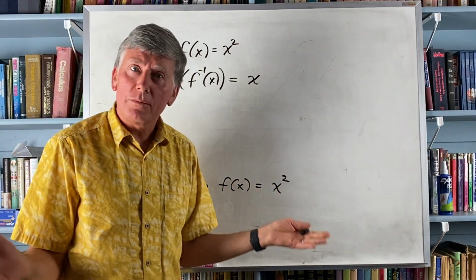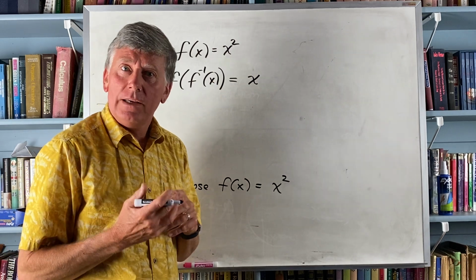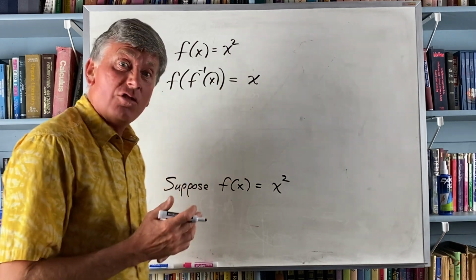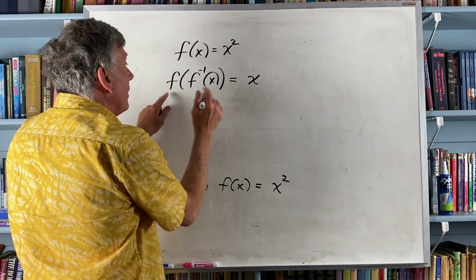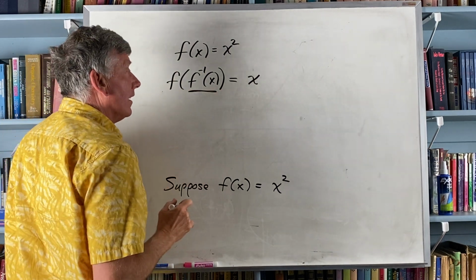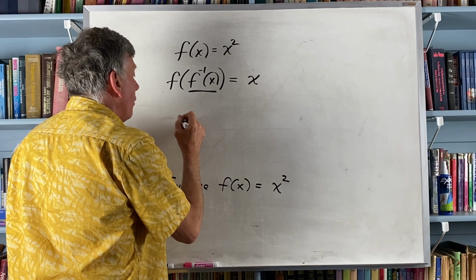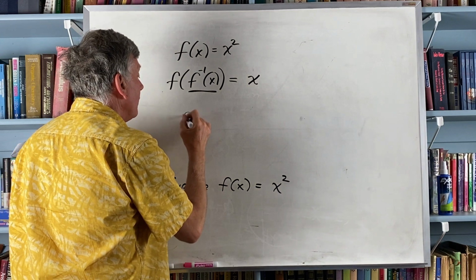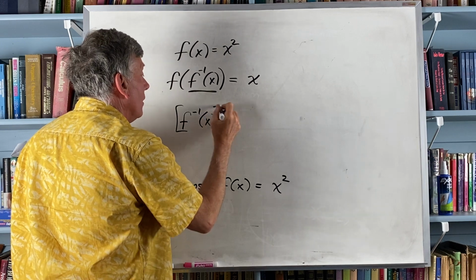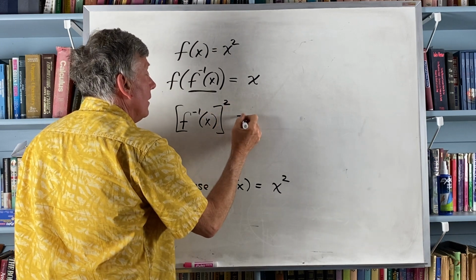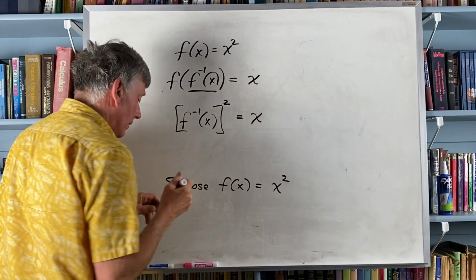Or think of the quarterback getting the ball back. He's come back right to the initial position that he was in. But f tells me that whatever is in this slot gets squared. So that means that f inverse of x, whatever it is, squared is equal to x.